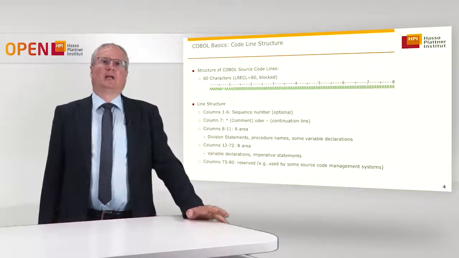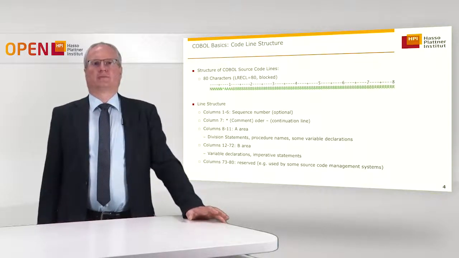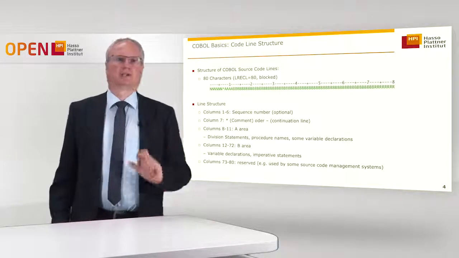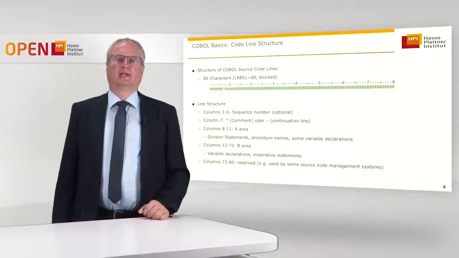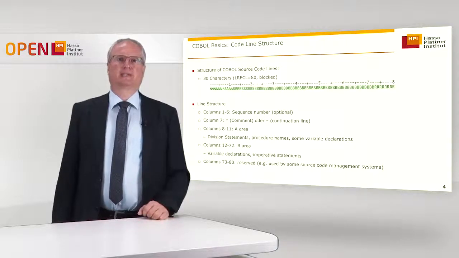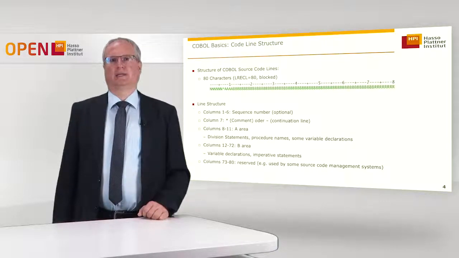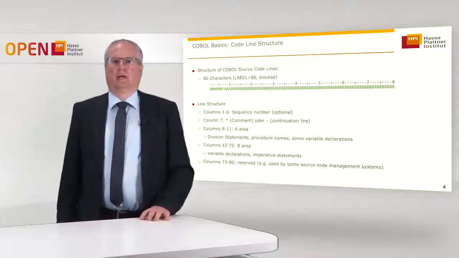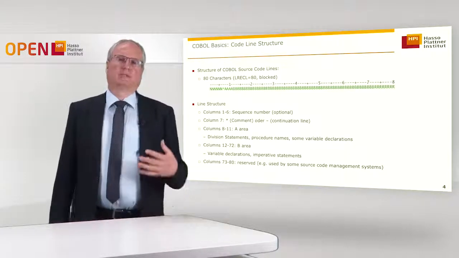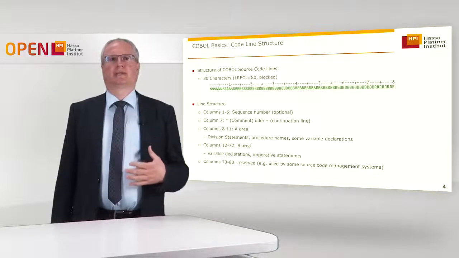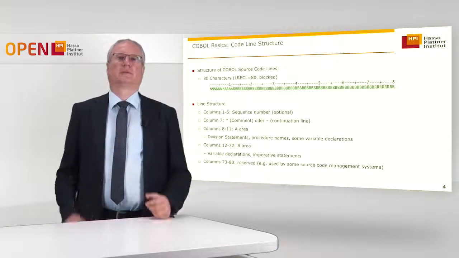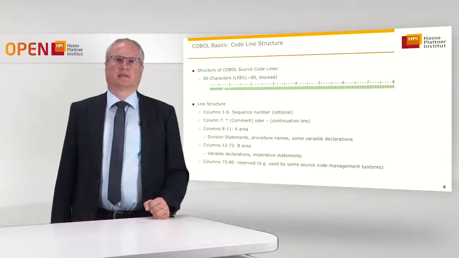In COBOL, every line of code follows a strict structure regarding what is allowed to be written in which column. And every line has a maximum of 80 characters, corresponding to the 80 characters that fitted on a punch card. And this corresponds in z/OS to a data set with record length 80 and blocked, so fixed blocked with 80 characters record length.